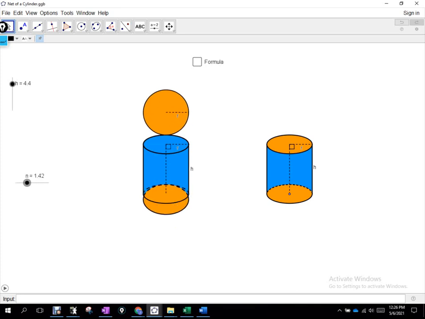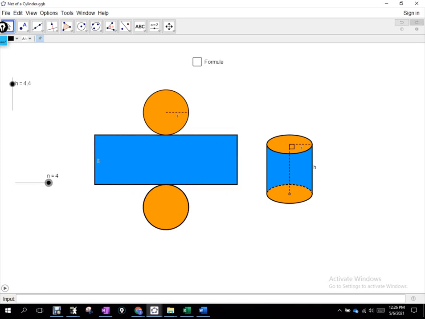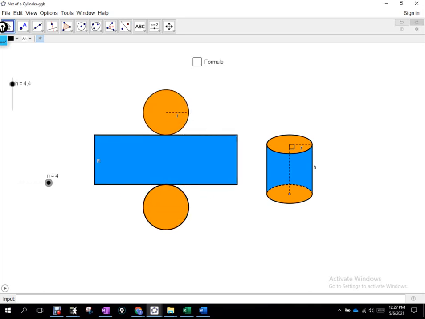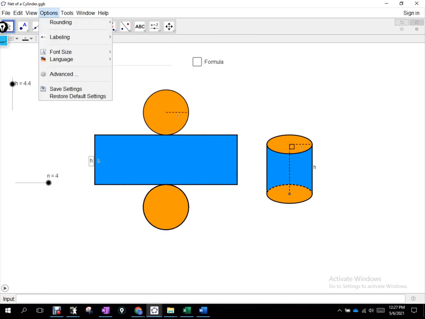Then take a pair of tin snips and slice straight down that line right there. And then start unfolding it and unfold it flat. I get that, right? Was this distance right here the height of your cylinder? Okay? So that was H. That's kind of hard to see. Let me zoom in on this.